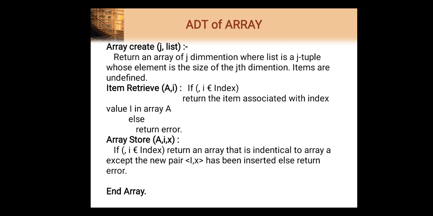For writing the retrieve function, suppose my array consists of 5 elements and I want to retrieve the 6th element. Is it possible to retrieve that element from the array? Obviously no, because my array holds only 5 values, so I cannot retrieve the 6th value. So for that I am writing the logic here.